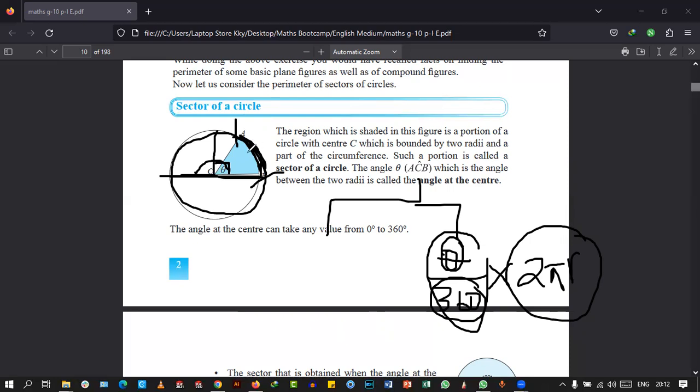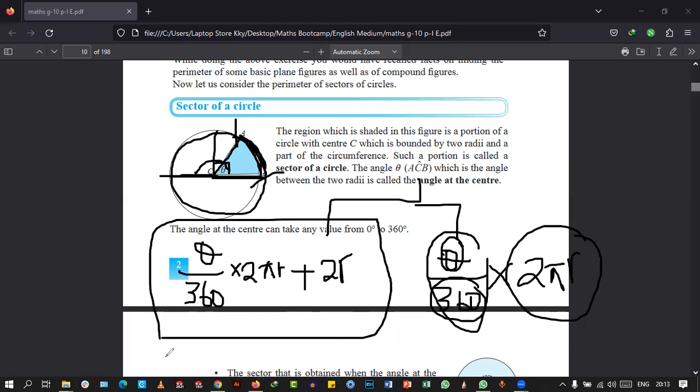But if you make that arc length into a sector by adding these two radii, and you want to find the perimeter of the sector, then you have to add 2r to that arc length. Therefore, the answer for the sector will be theta divided by 360 times 2 pi r plus 2 times r.